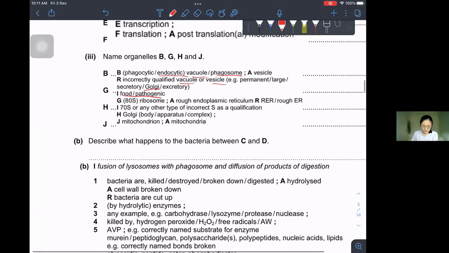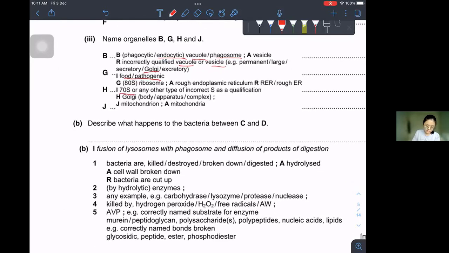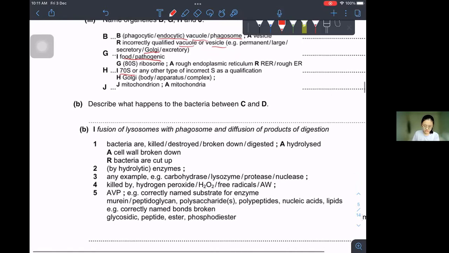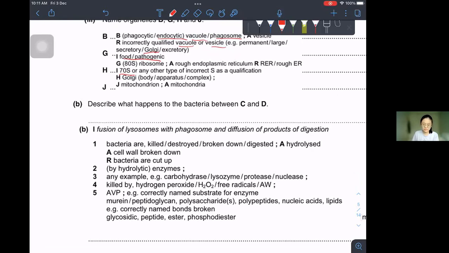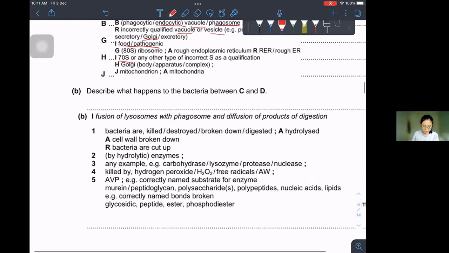For G, you can accept rough endoplasmic reticulum, sorry, but it ignores the 70S ribosomes, because these are only found in prokaryotic and not eukaryotic cells. H is Golgi body, apparatus or complex. And J is mitochondrion or mitochondria.